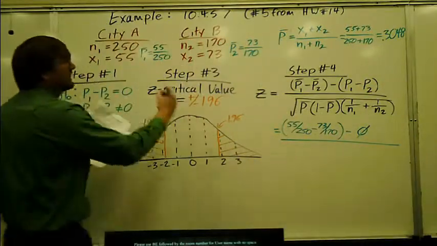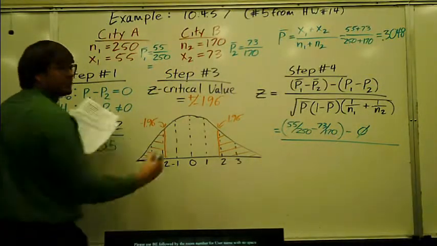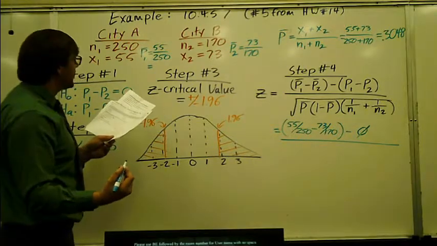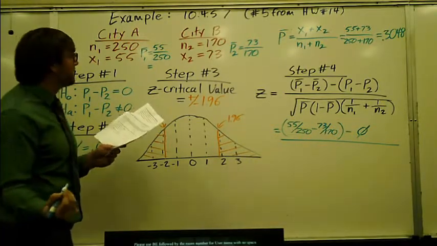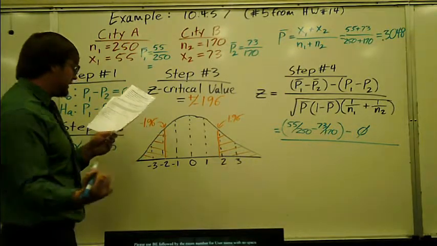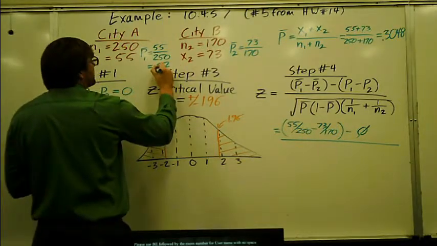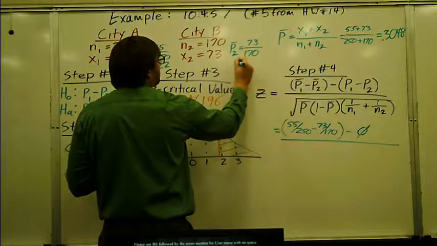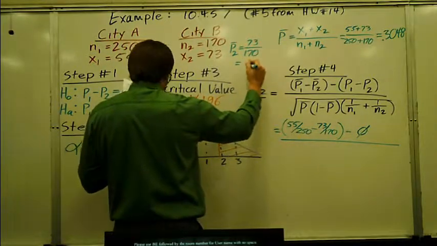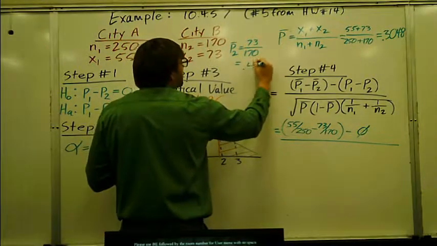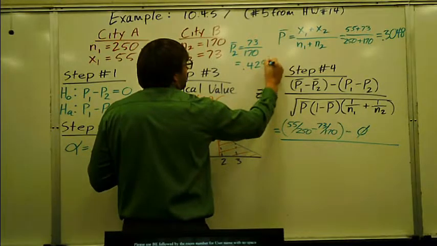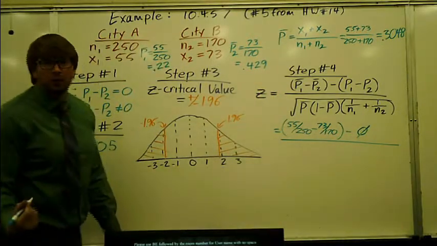Oh, and I guess I put these into decimals too. Sample proportion 1, of course, you could put it in as 55 over 250, but just how I did it, that came out to 0.22. And sample proportion 2 came out to 0.429. So continue on with plugging those values in.